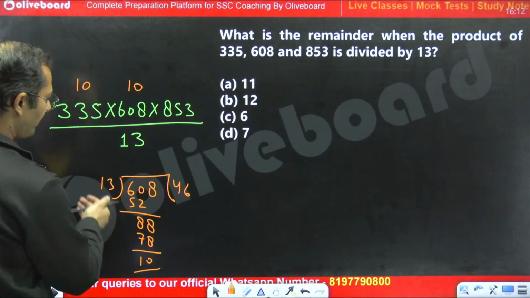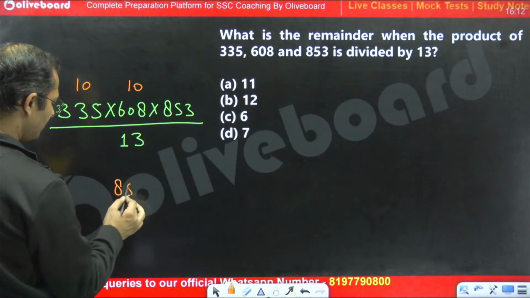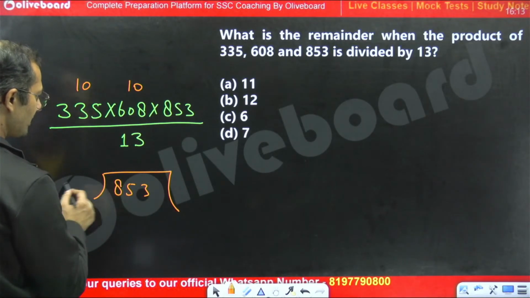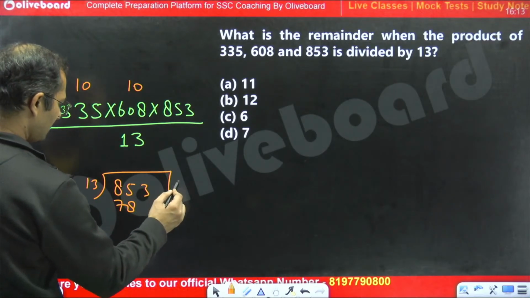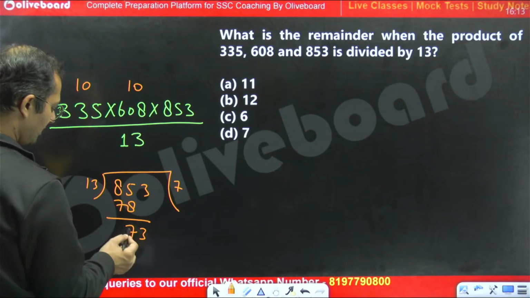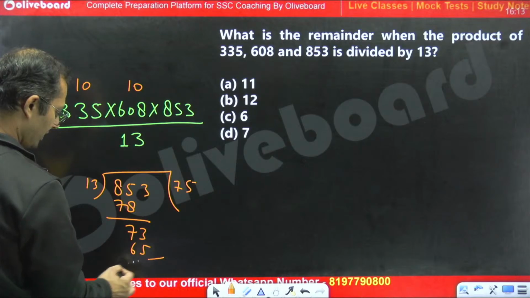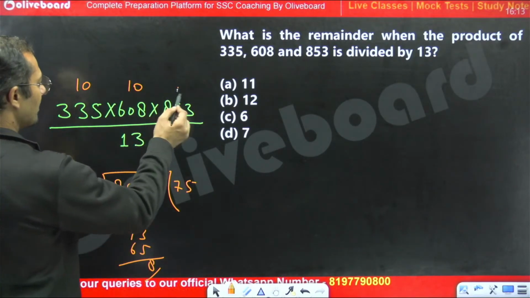Yes, so just check for this. 13 5s are 65 and 13 7s are 78. So 13 7s are 78, 13 5s are 65. So simply we can say that 8 is the remainder.